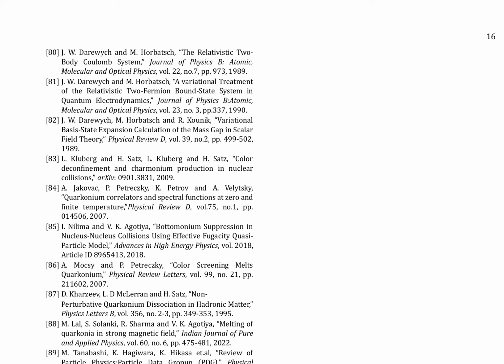Furthermore, the authors have reviewed various approaches to studying quark-gluon plasma, including thermal field theory, hard thermal loops, and classical transport theory. The paper also cites references on the relativistic wave equations in momentum space and the relativistic two-body Coulomb system. The authors have also reviewed recent studies on quarkonium production and suppression in nuclear collisions, including those using effective fugacity quasi-particle models and lattice QCD simulations.